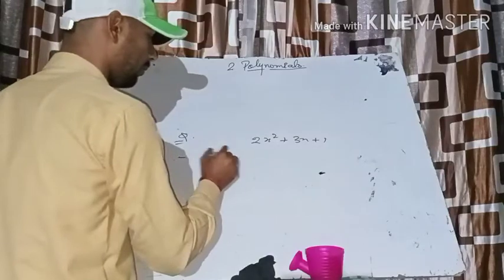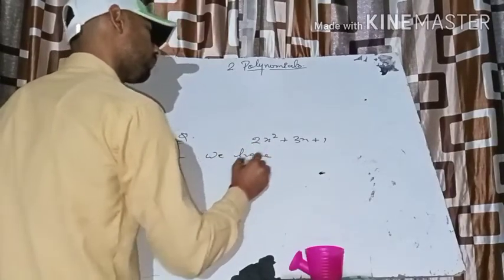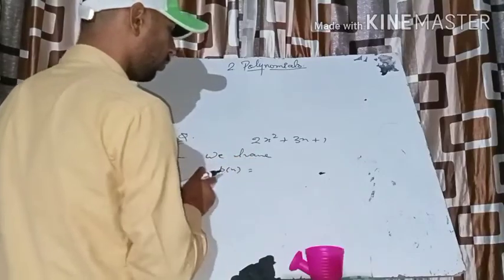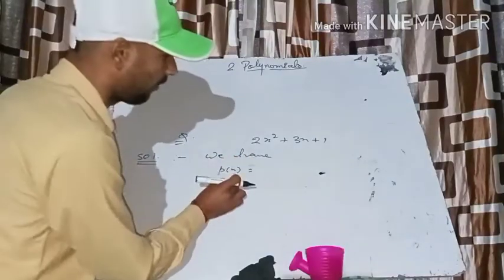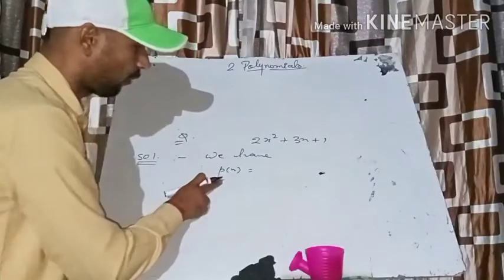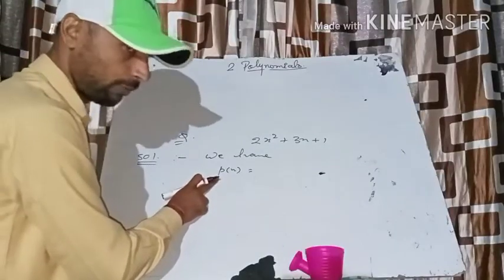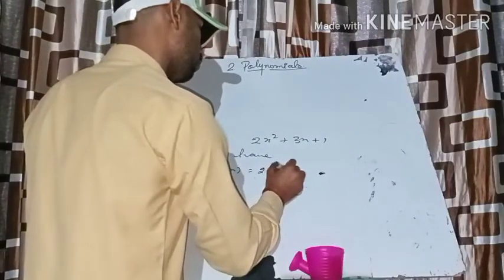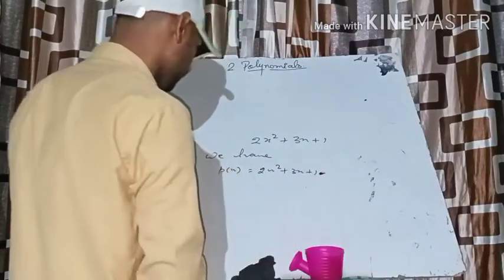We have p of x, which means a polynomial whose variable is x. P of x is equal to 2x square plus 3x plus 1.